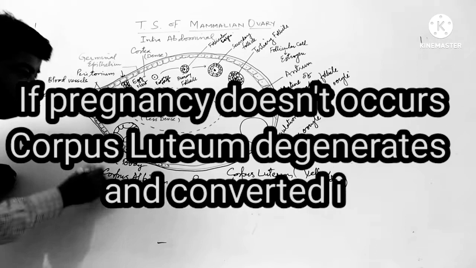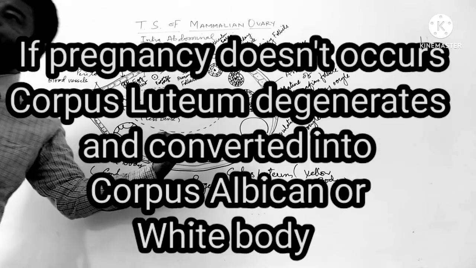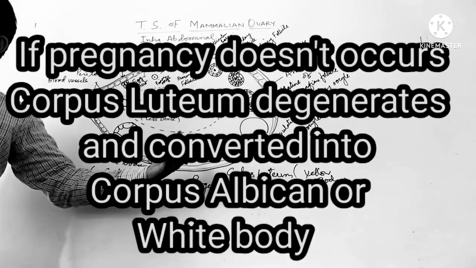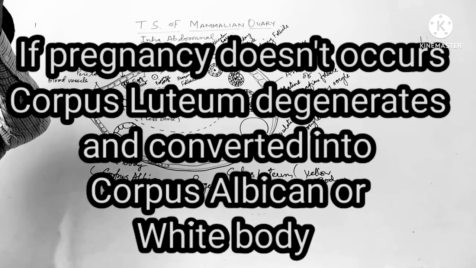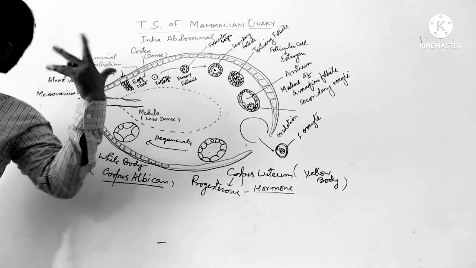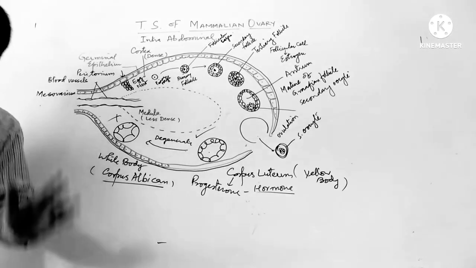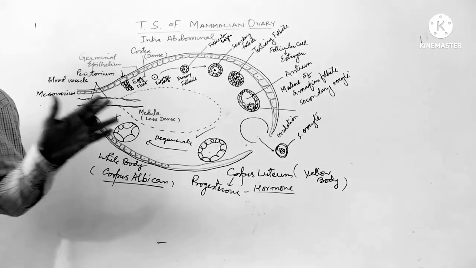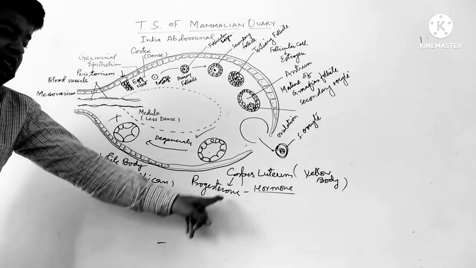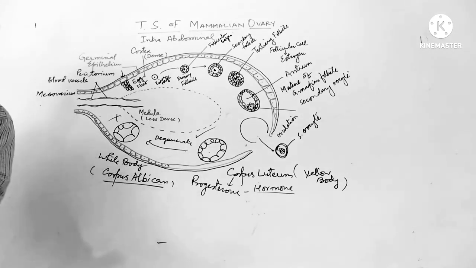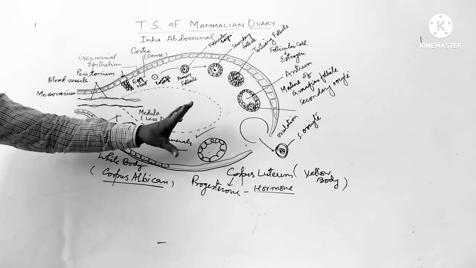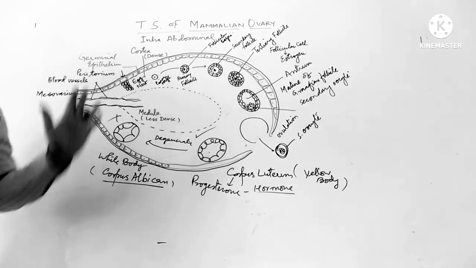So corpus albicans is the degenerating corpus luteum. When does it degenerate? When fertilization does not take place. And if fertilization happens, it will not degenerate, it will be maintained. Corpus luteum remains throughout the pregnancy, releasing progesterone, and in this way the pregnancy is maintained. So this was a brief description of the transverse section of mammalian ovary.